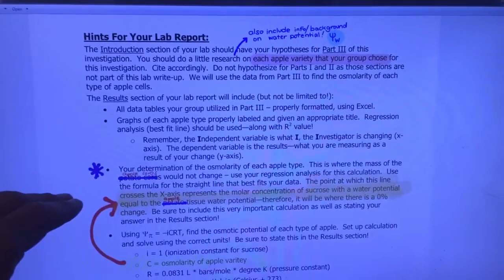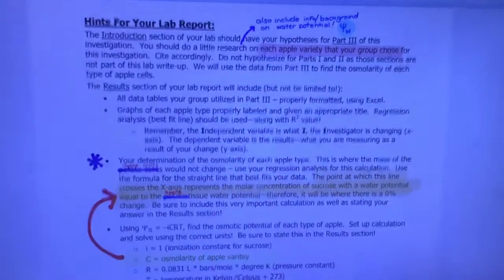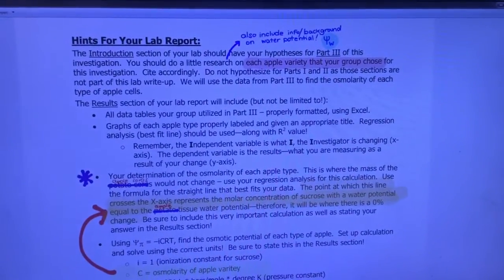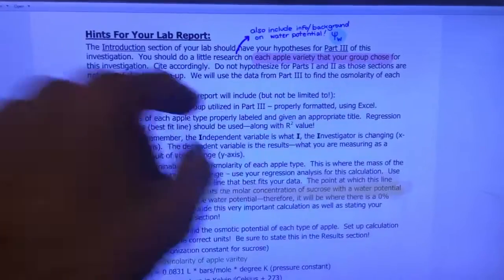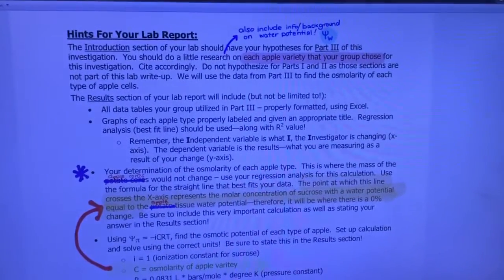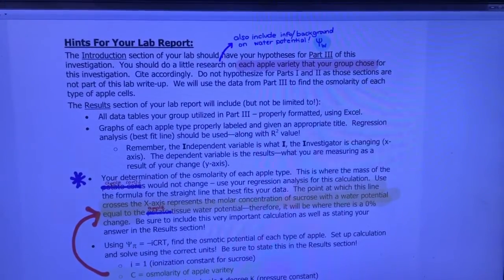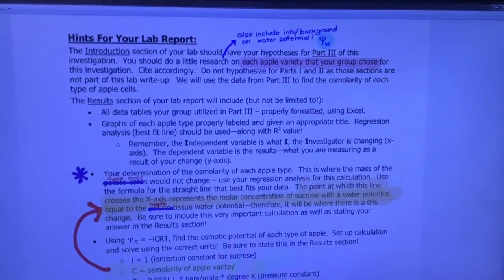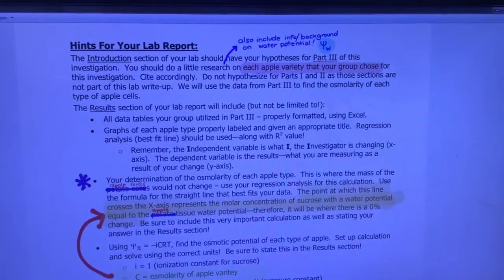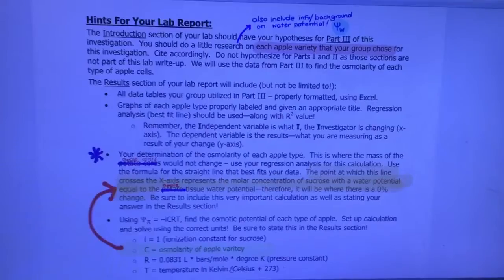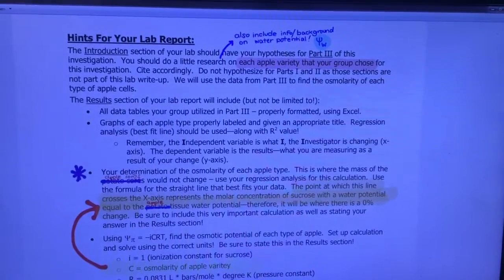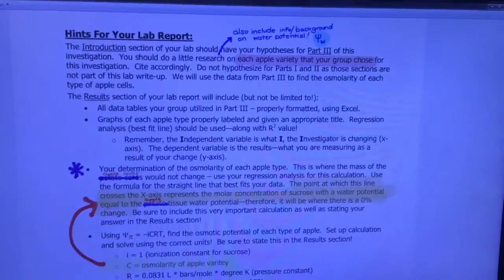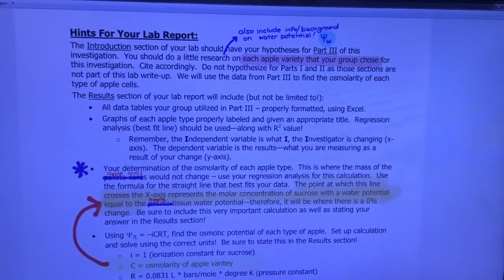Number one, when you do the introduction, the background research, give me something about your apple variety. If you did Gala and Empire, do a little research, find out what you know about them, how they were bred, when they were bred. You're not going to get a lot of nutritional content from that. That's okay, but give me some nice information from that, and make sure you cite that.